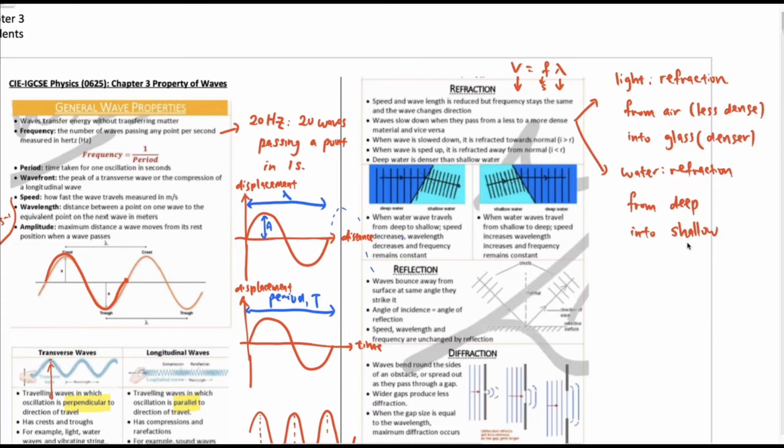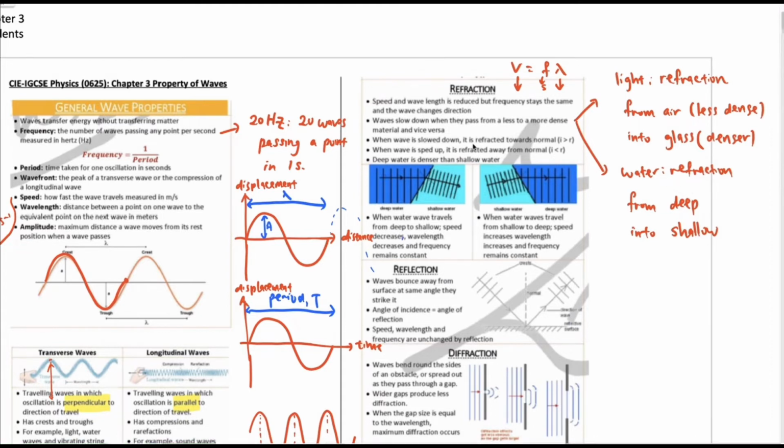When it goes to shallow, as you can see here, it is towards the normal. You can see it from here. We will discuss this in detail. So from deep into shallow. Okay. So that is where the water is refracted.